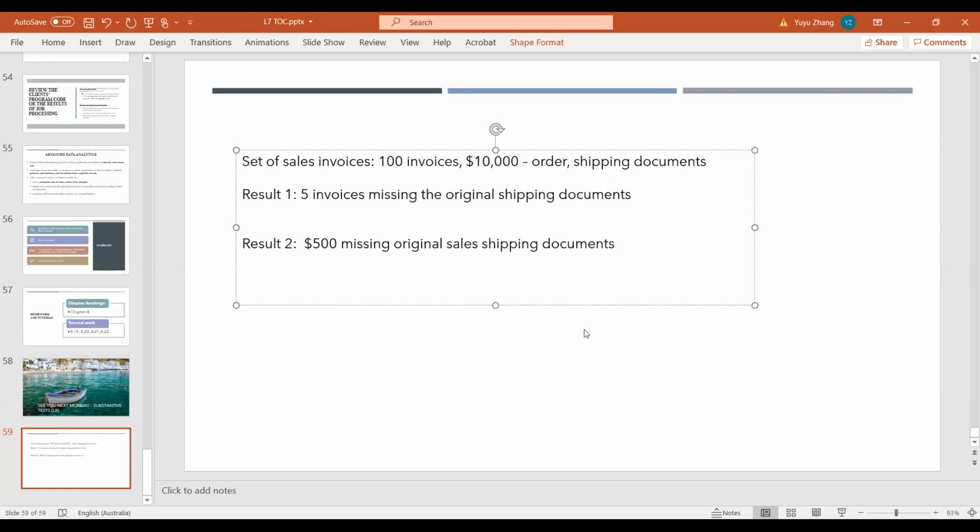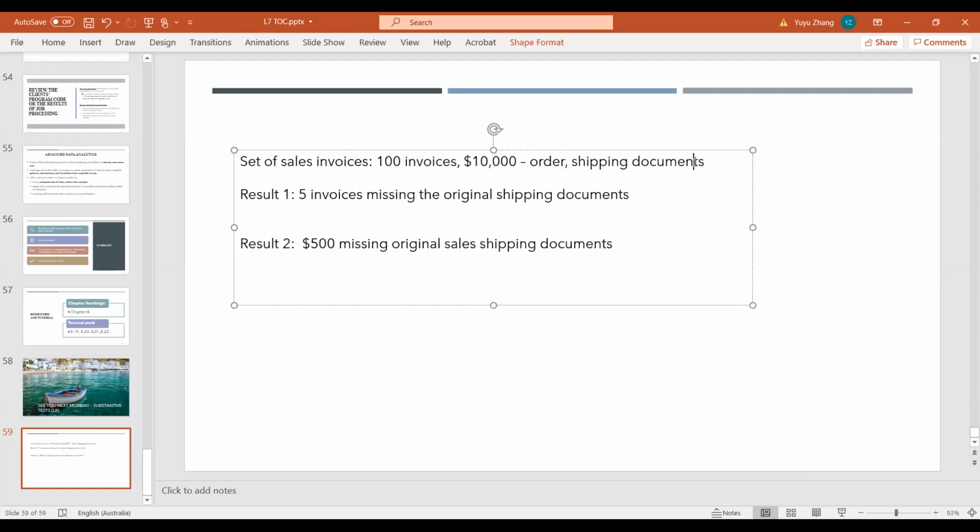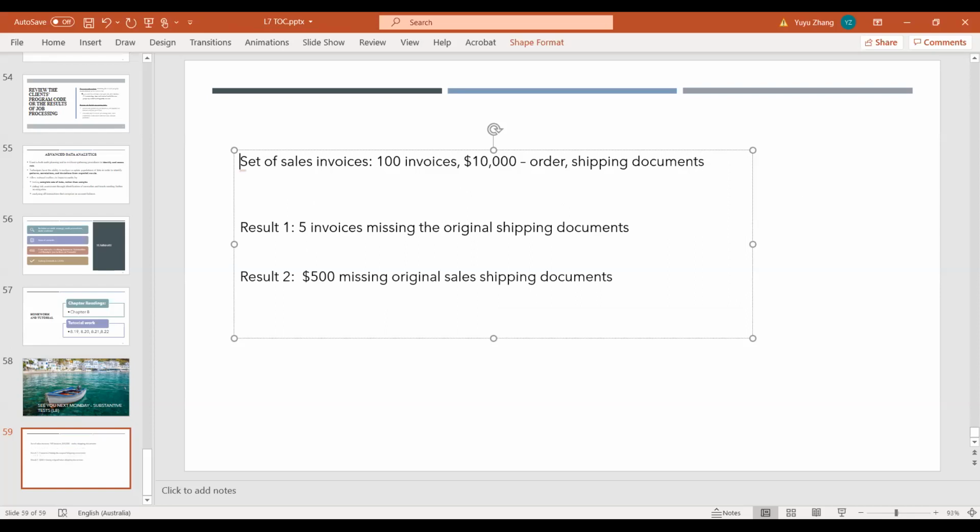Because today we are talking about the test of controls, in the audit criteria, if the deviation is exceeding 3%, that means the control is not in place. The control is not effective. That was the criteria.